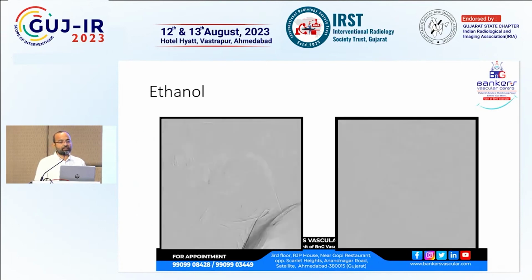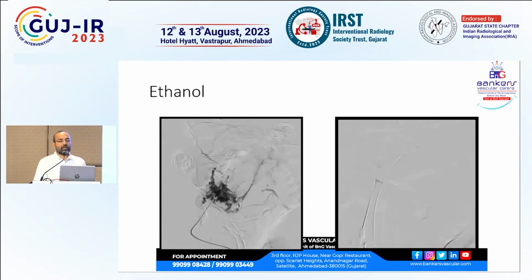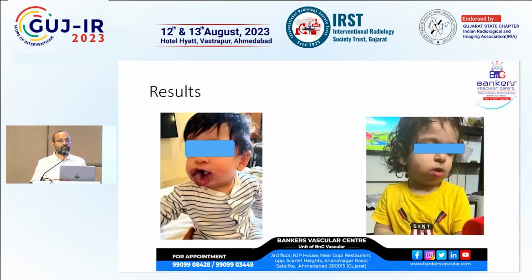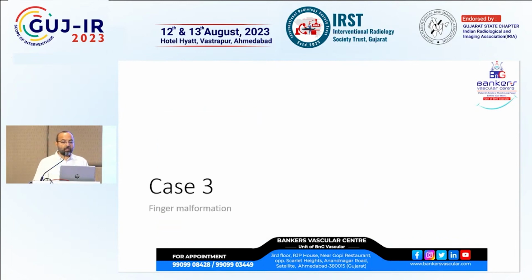And there is an angiographic picture, there is a nidal cell of the lip and the face region. Gradually, once we inject the ethanol, the nidus is going to shrink, and so there is a pre-procedure picture. You can see there's lots of swelling over here, and now the swelling is significantly reduced.